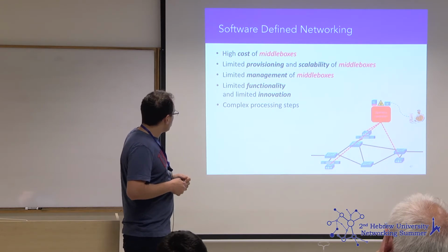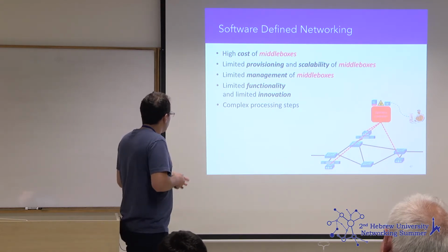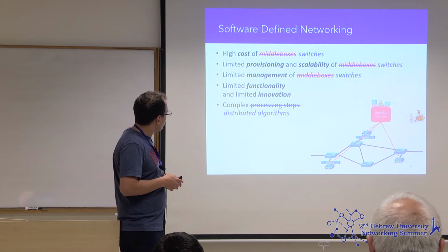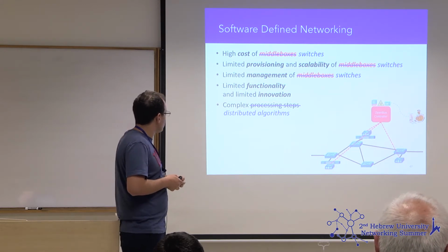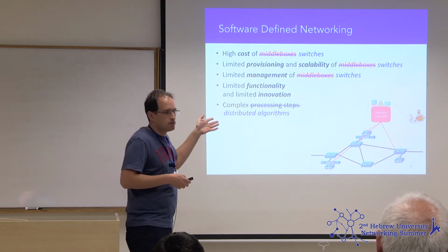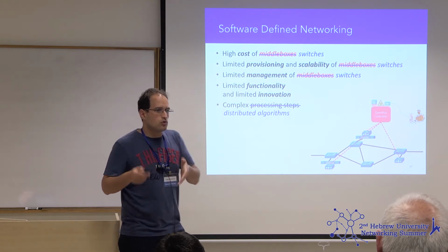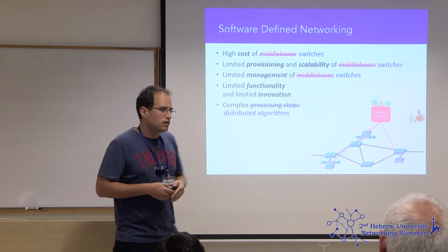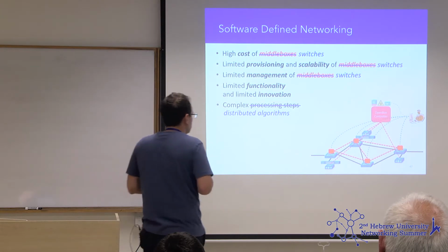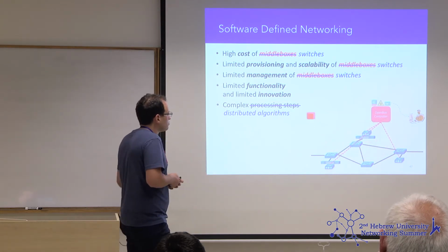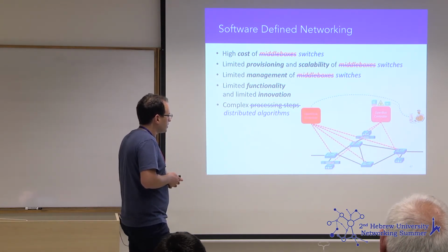So now we have a high cost of middleboxes and limited provisioning, scalability, and management. We had all these problems before with switches, and there the solution was to use SDN. So why not here as well? That was the solution before for the forwarding plane.